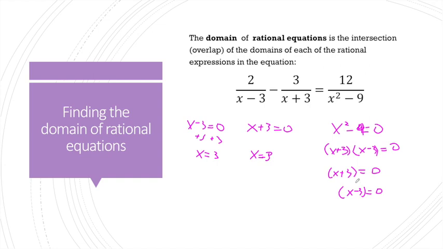And I also get that x equals negative 3 and x equals a positive 3. So my domain for this rational equation is going to be x such that x does not equal negative 3 or positive 3.